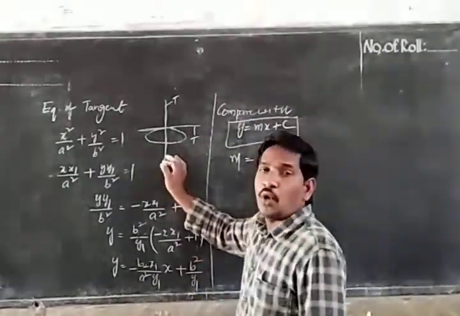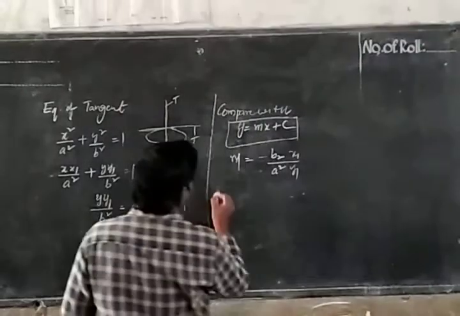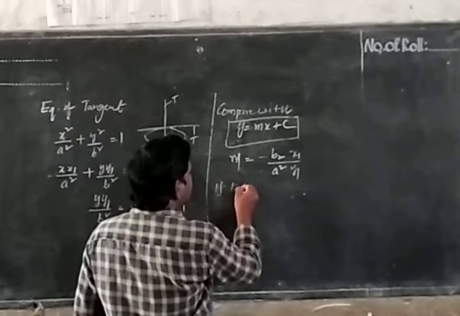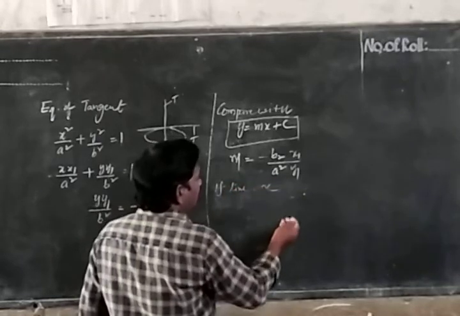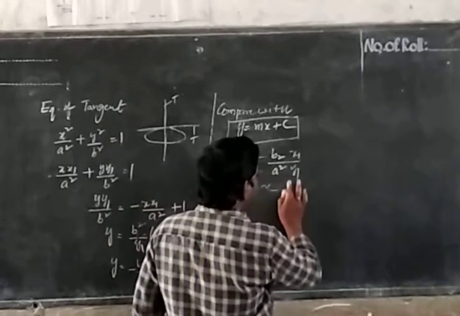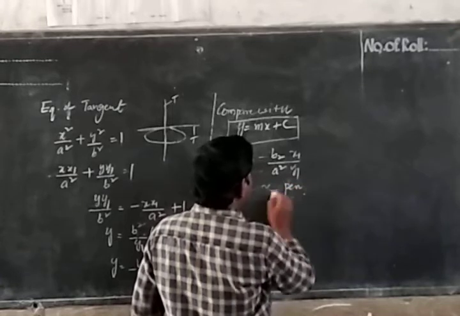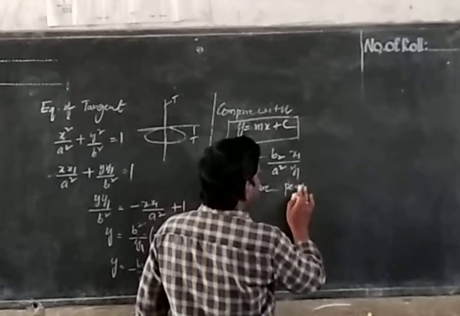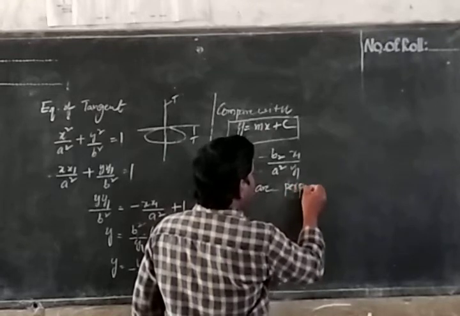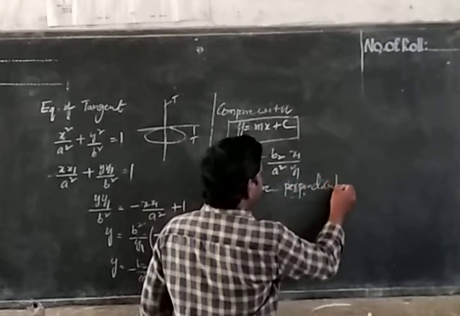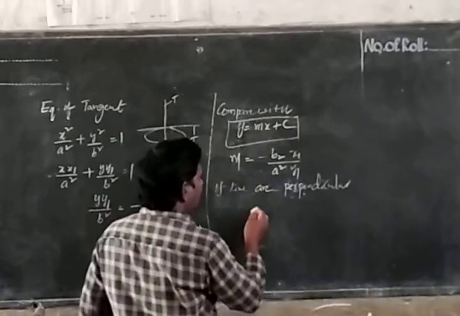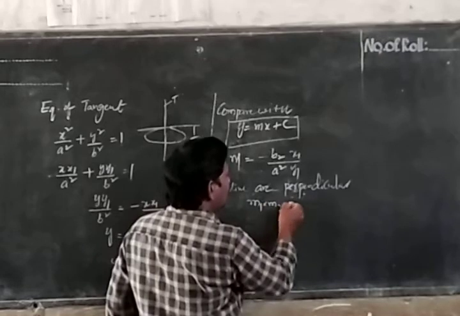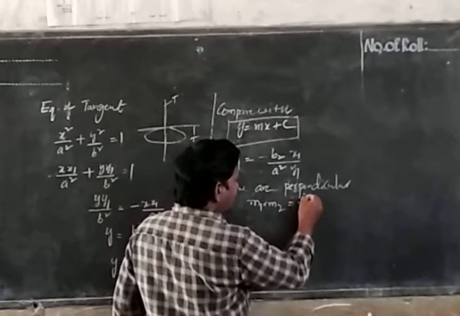If two lines are perpendicular, the product of their slopes is minus 1: m1 into m2 equal to minus 1.